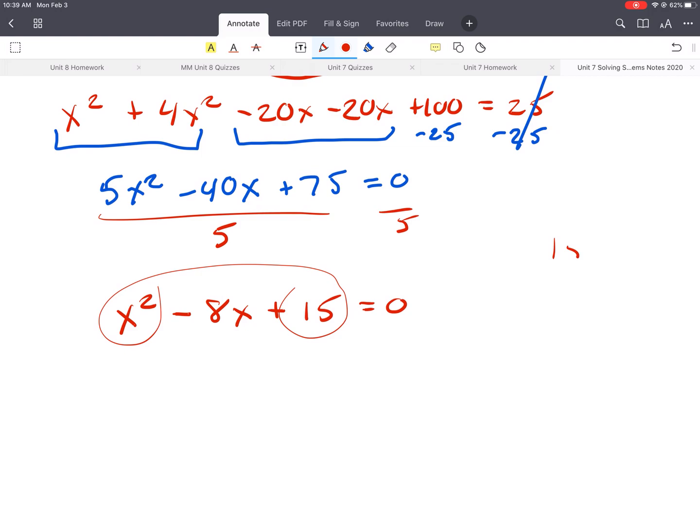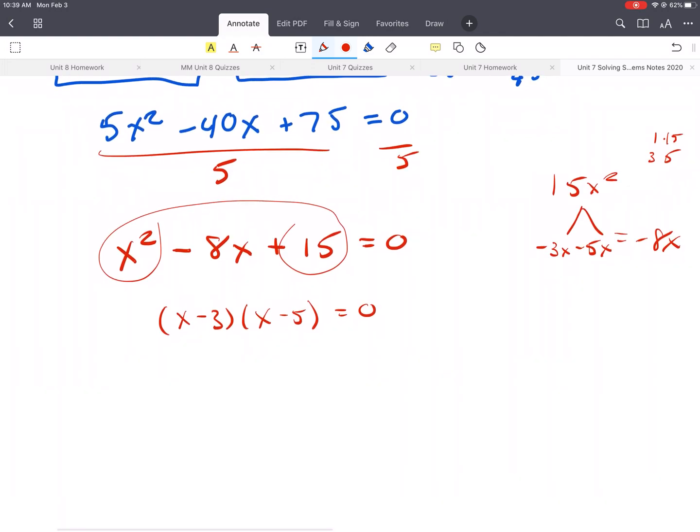So we need two numbers that multiply to 15 and add up to negative 8. How can that work? Our only choices are 1 and 15, those are our factor pairs, and 3 and 5. So we'd have to do negative 3 and negative 5. So our answer is (x minus 3)(x minus 5) is equal to 0. And then our solutions are just going to be the opposite signs of the negative 3 and negative 5, since a is 1.